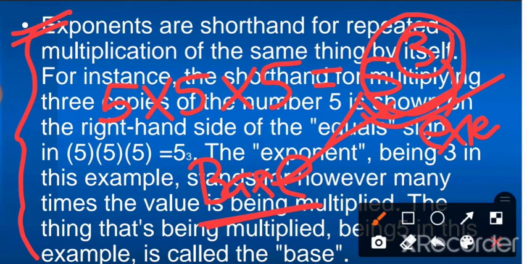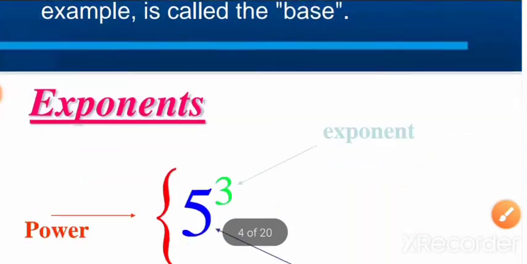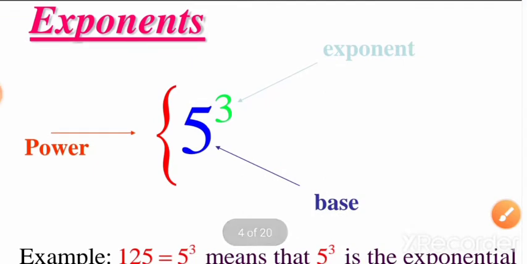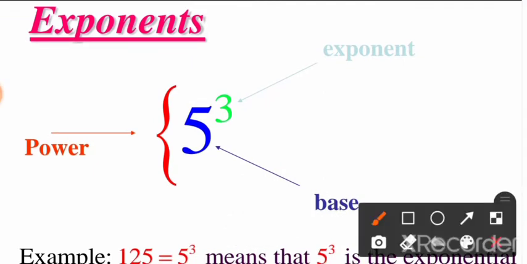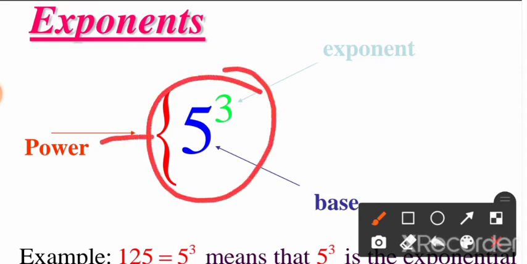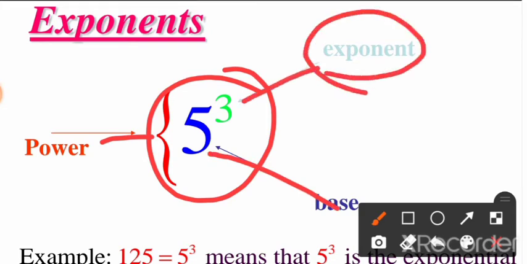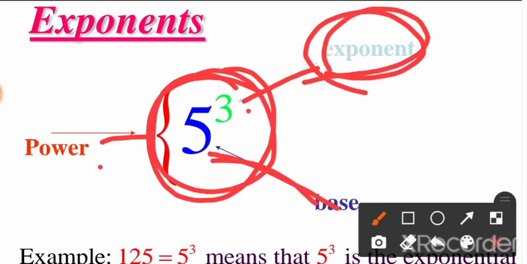This is another form of exponent: the whole thing is the power, 5 is the base and 3 is the exponent.